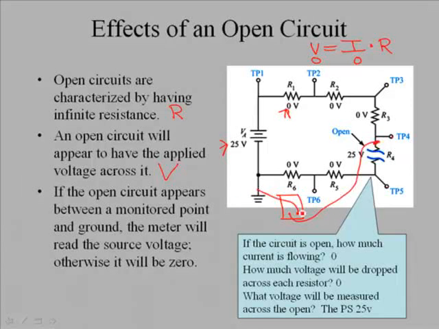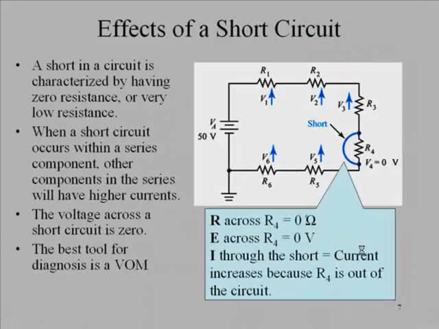In that situation, I would read the supply voltage. As a note down here: if the circuit is open, how much current is flowing? None. How much voltage will be dropped across each resistor? 0. What voltage will be measured across the open? The power supply voltage.